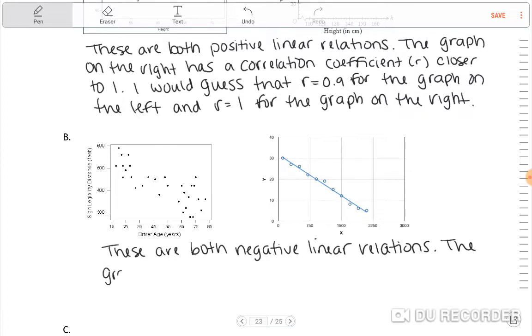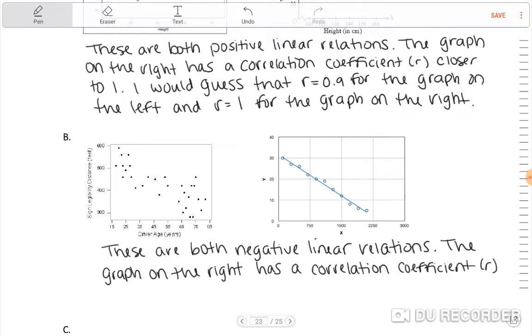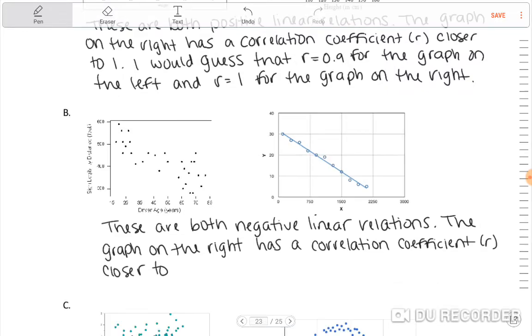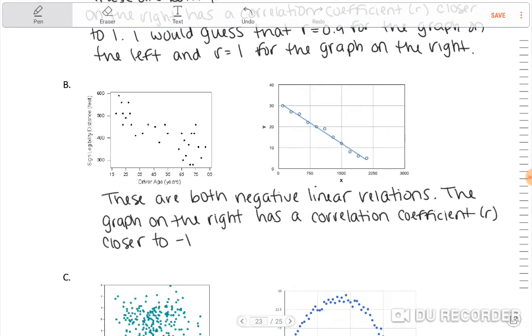The graph on the right has a correlation coefficient R closer to -1.